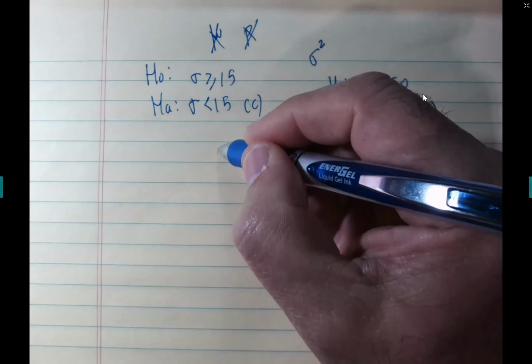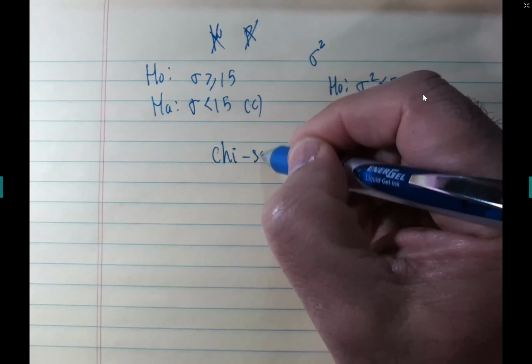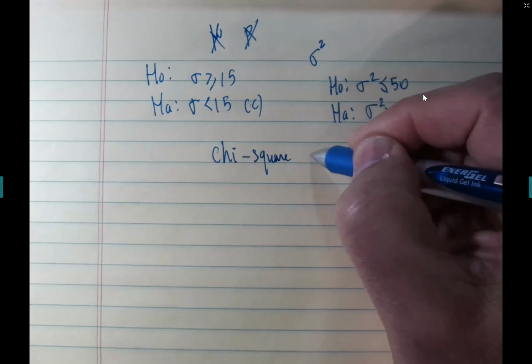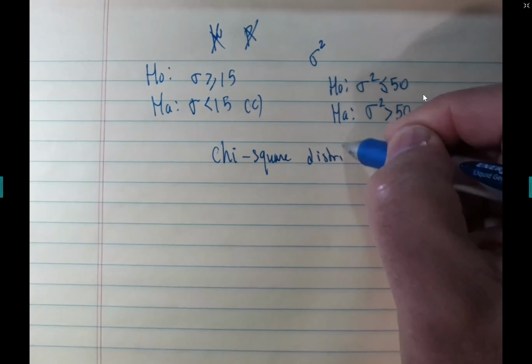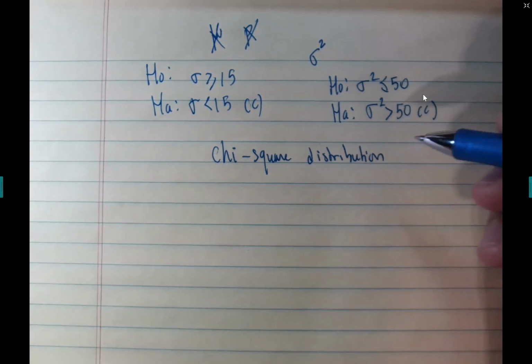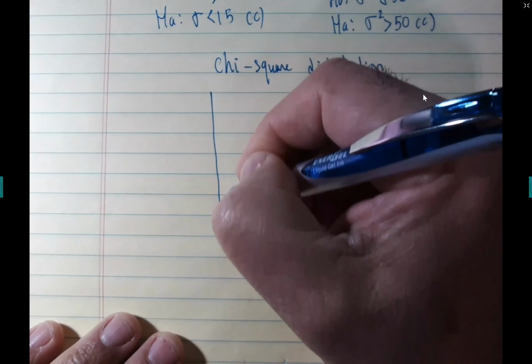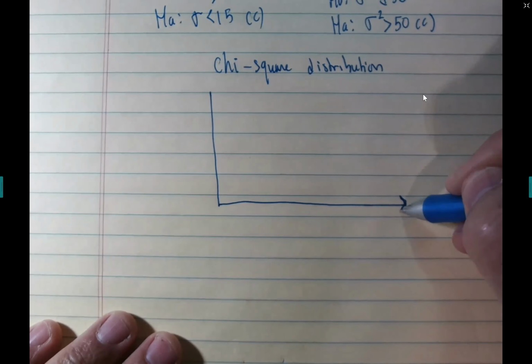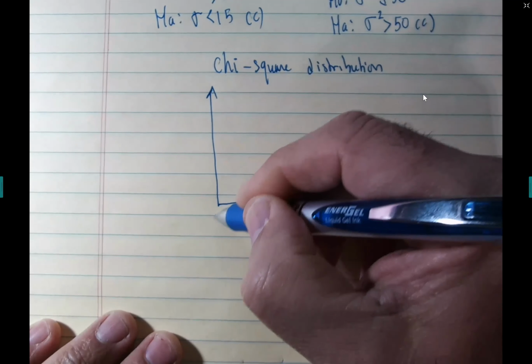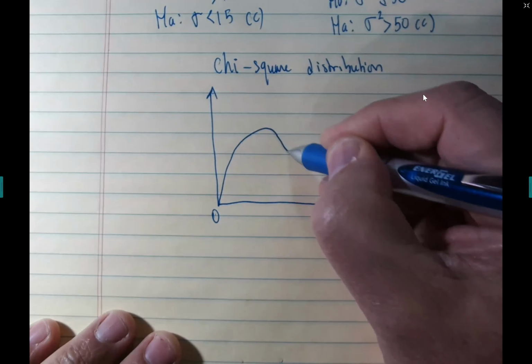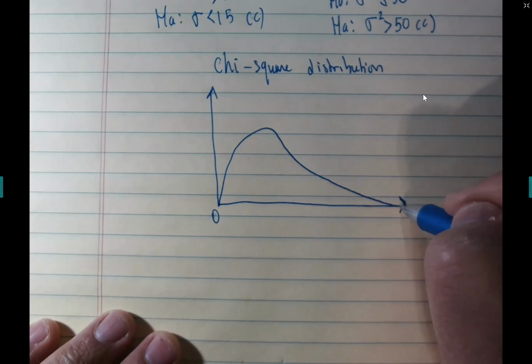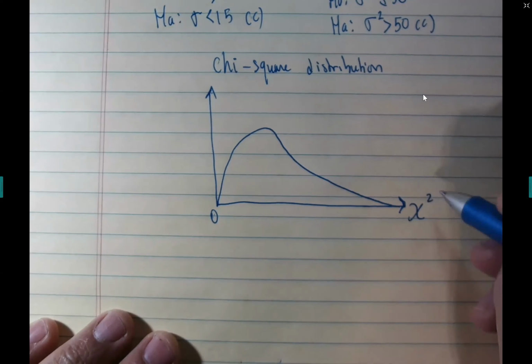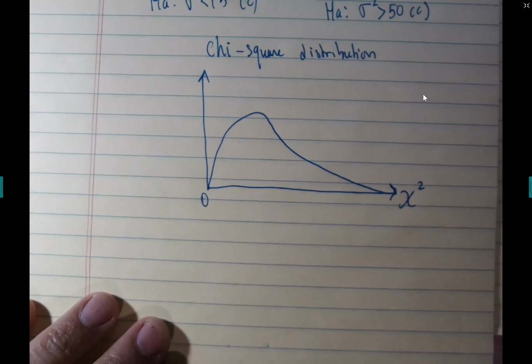This new distribution, guys, is called the chi-square distribution. I'm going to show you a visual of it. It looks like this. And we label it as chi-squared.